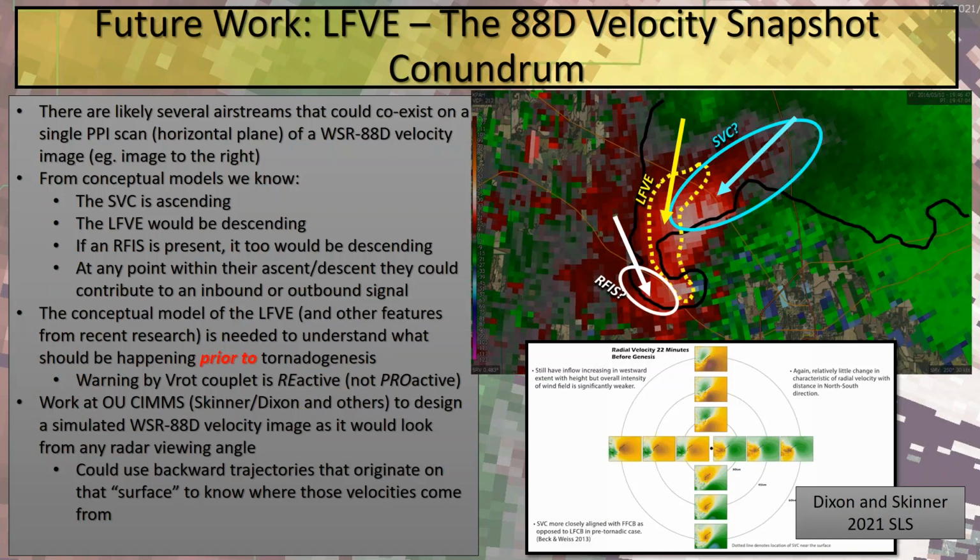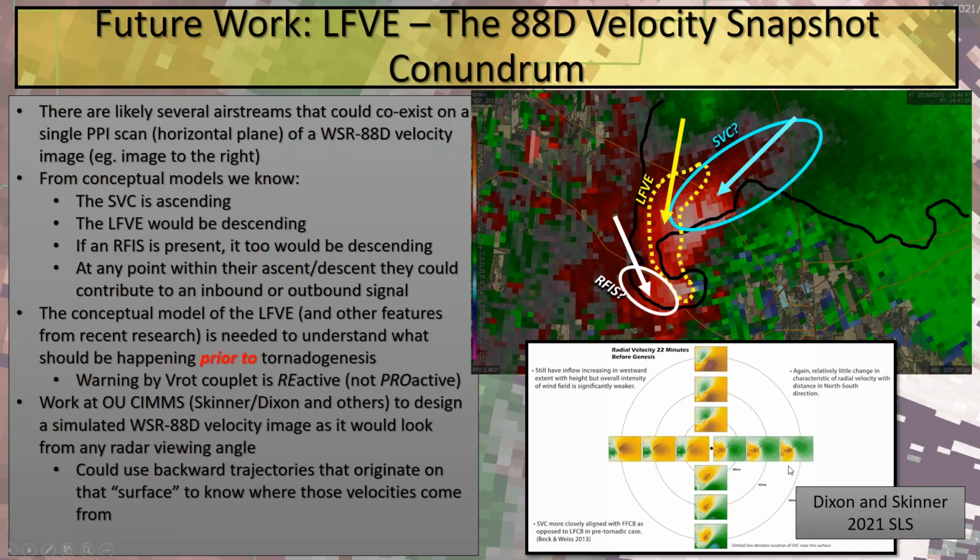If you think of this on a plane of what the radar is seeing, that's what makes it very difficult and critical in understanding the conceptual model. This velocity signature could be made up of the LFVE, could also be the streamwise vorticity current, but it could also be associated with the rear flank internal surges, which there's other research on, going back to some of the other work done at NSSL and SIMS.